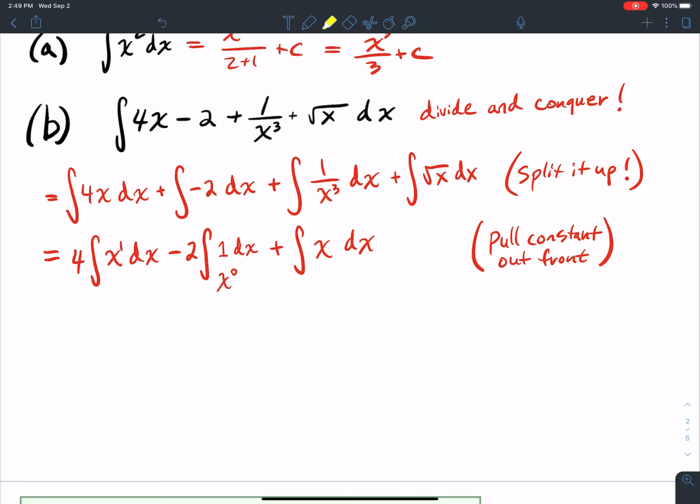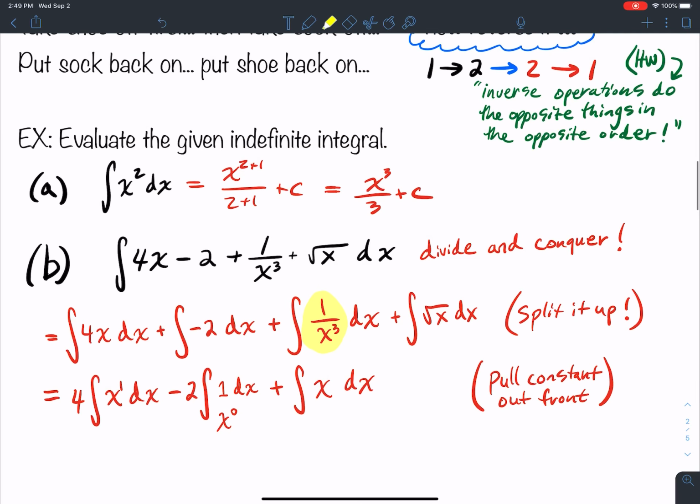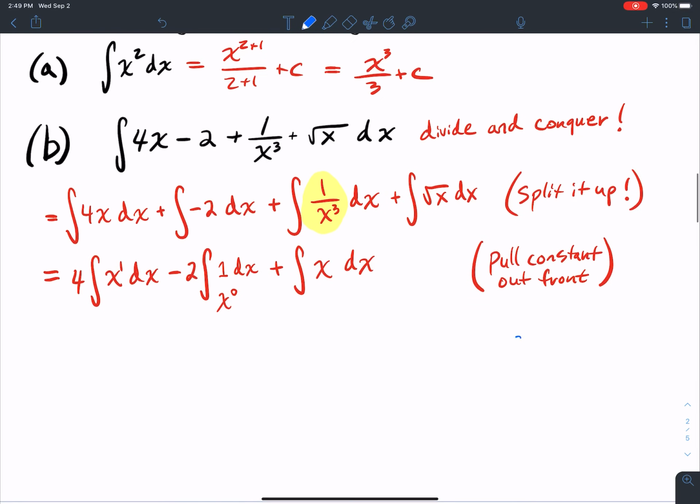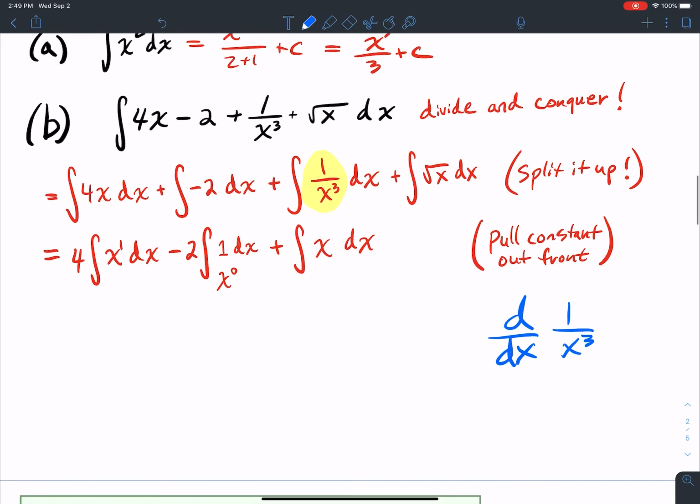Now, this one here, I'm going to simplify because of the power rule, in the same way when we took derivatives, like if I was going to take the derivative of 1 over x cubed, the first thing I would do is convert this to d dx of x to the negative 3, okay? Take the exponent that's positive, do the reciprocal, and all of a sudden that positive exponent becomes negative.